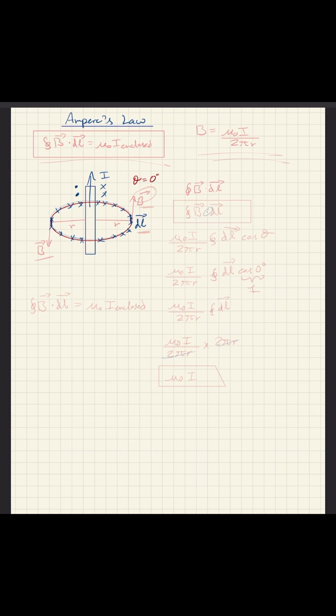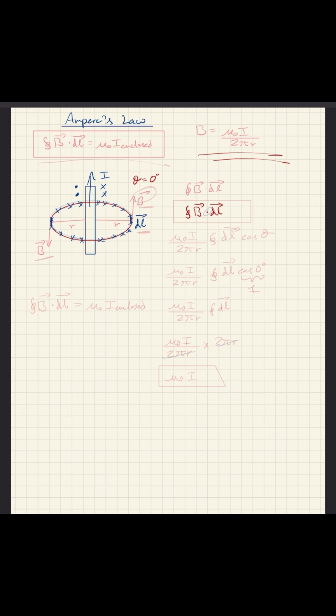So let me just rewrite this in a better color. So our line integral of B, magnetic field dot product dl, and now we can see that our B is equal to this up here, mu naught I over 2 pi r, as our B is going to be constant everywhere on this imaginary loop. Think about it.